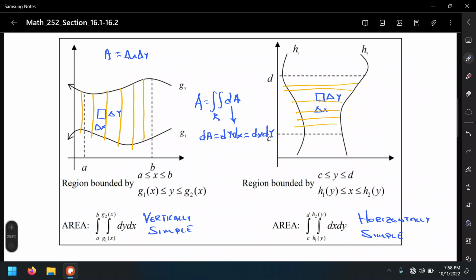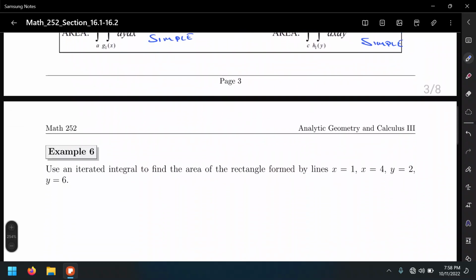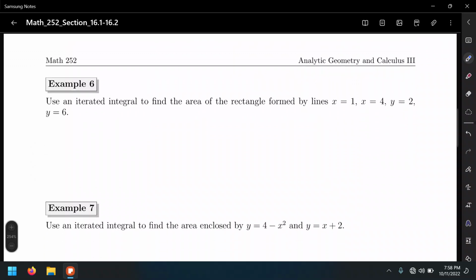Let's write an iterated integral to find the area of the rectangle formed by the lines x equals 1, x equals 4, y equals 2, and y equals 6. On the Cartesian plane, x equals 1, x equals 4, y equals 2, and y equals 6.